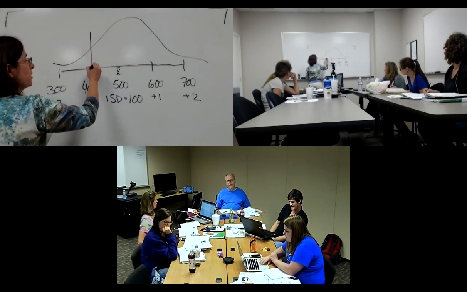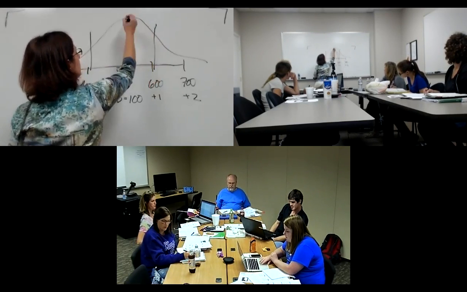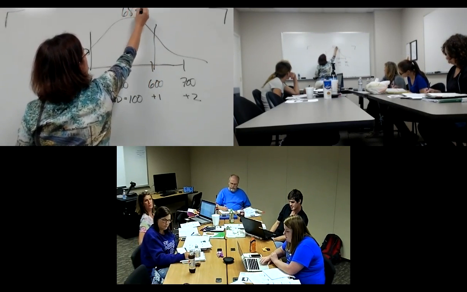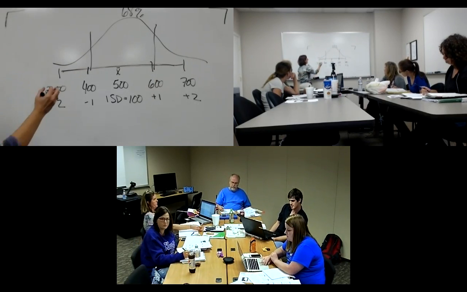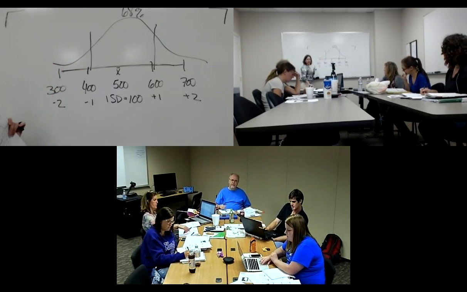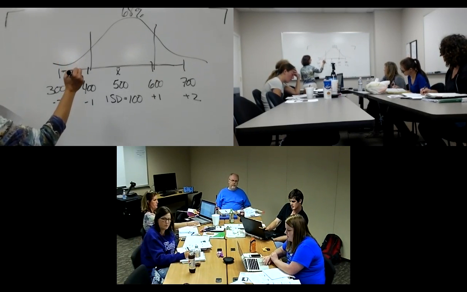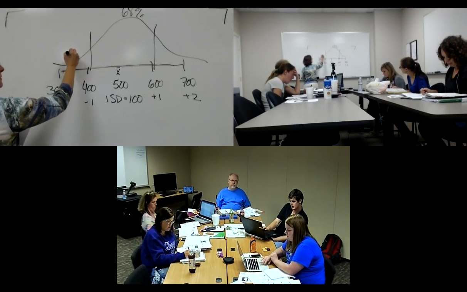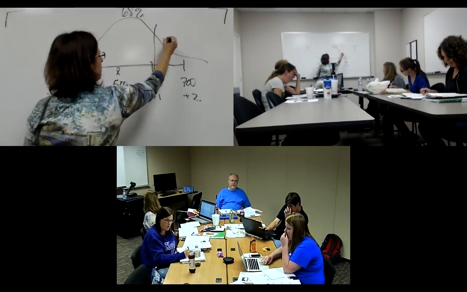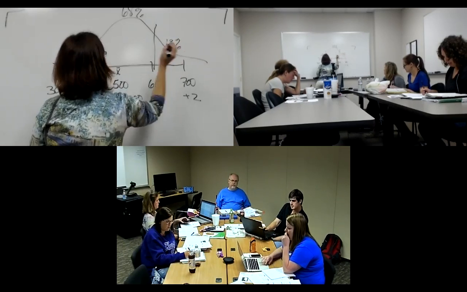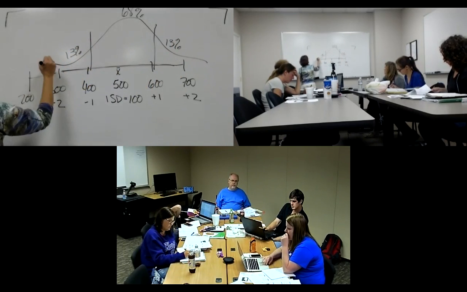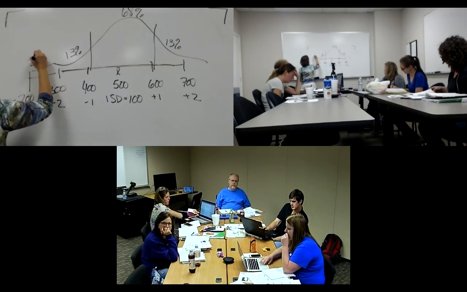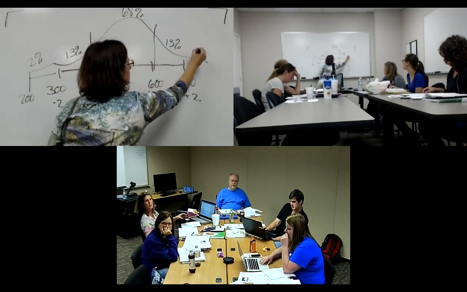So between 400 and 600, 68% of people fall between those scores. And then it goes out from there. Was it 13%, I think? And then essentially 2%.